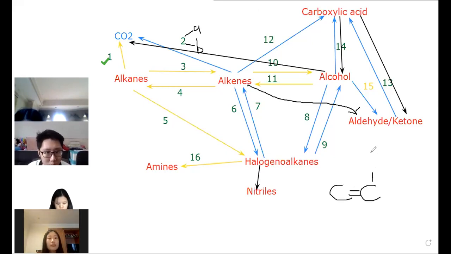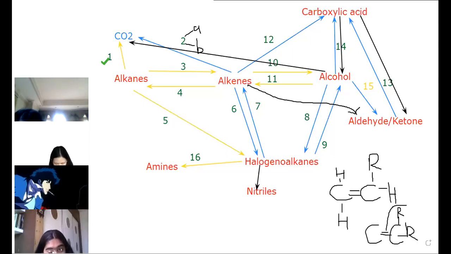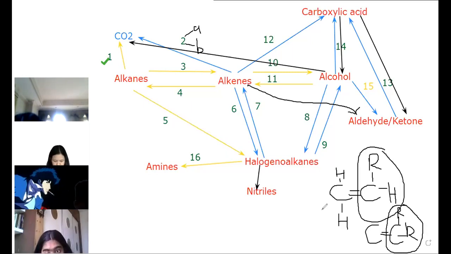This one R, this one H, and this one H, this one H, and the second one is this one R. Which one is 1, 2, 3?